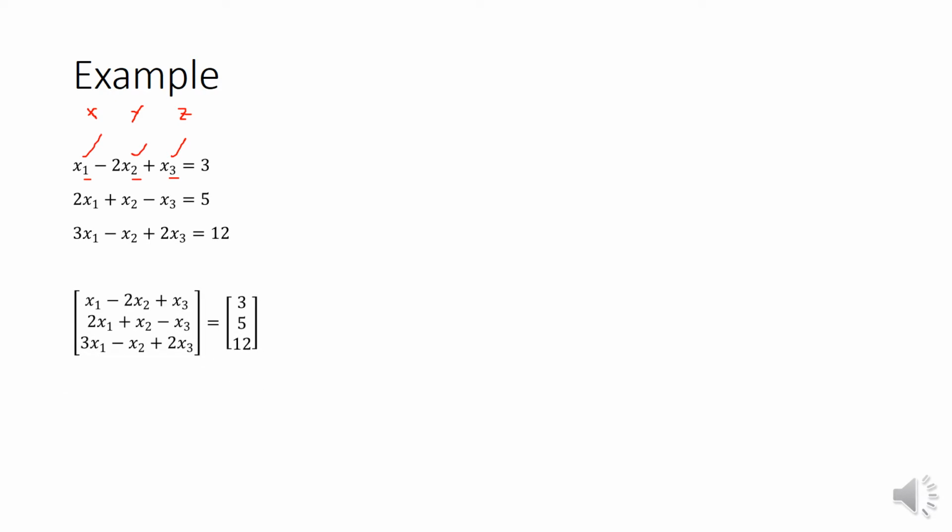Let's convert them into the matrix first. So the left side and the right side, two matrices are produced. Now the left side is the multiplication of two matrices.